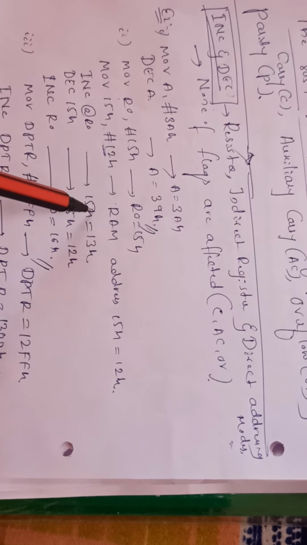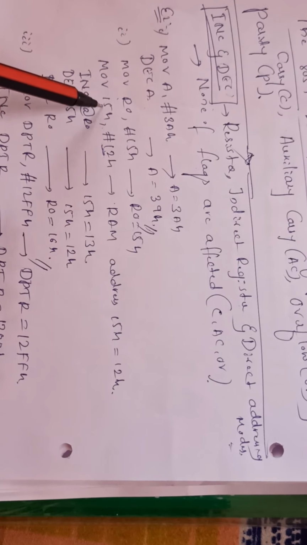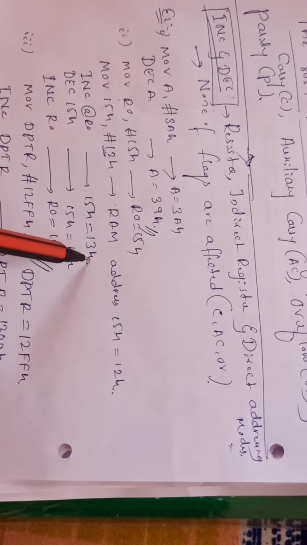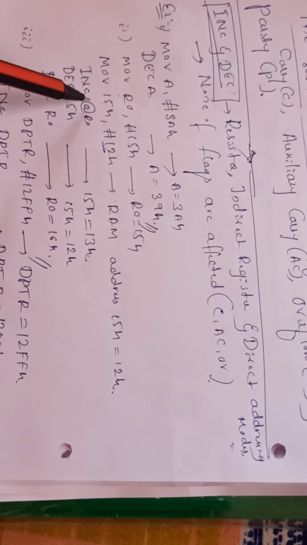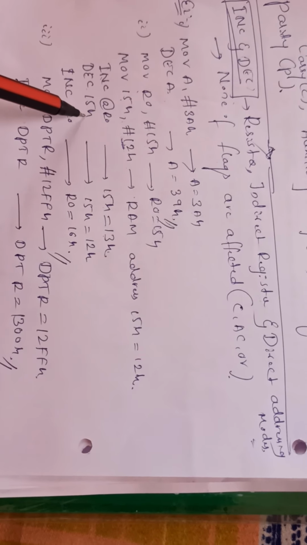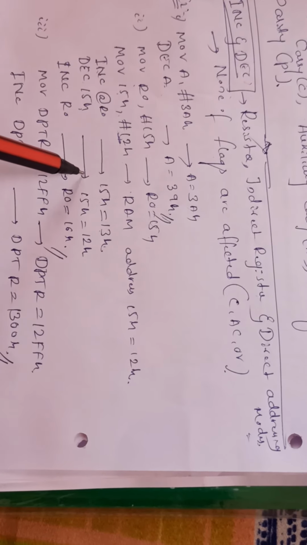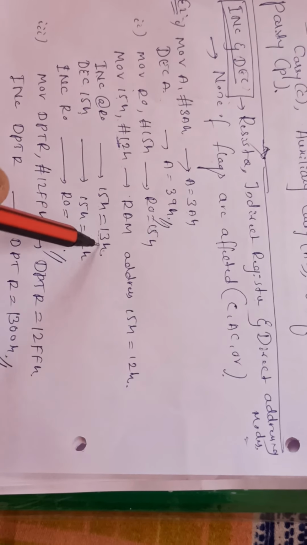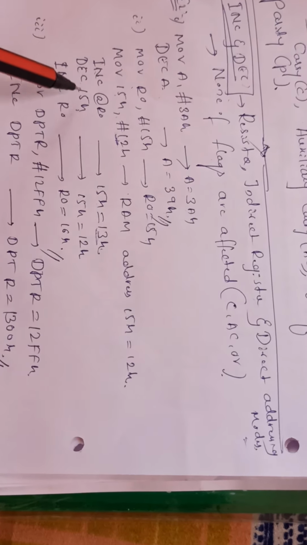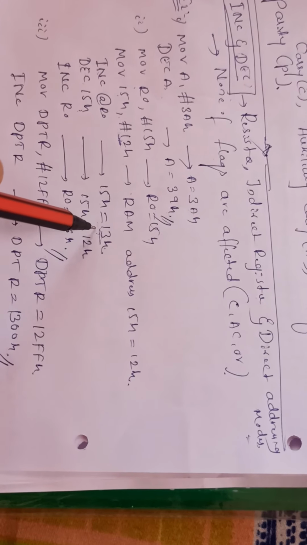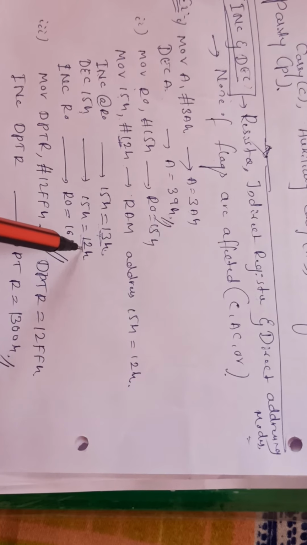Whatever content 12 is in the memory location 15H gets incremented, so 15H holds 13H. Similarly, if I write DEC @R0, it makes minus 1 again: 13 minus 1 becomes 12H.